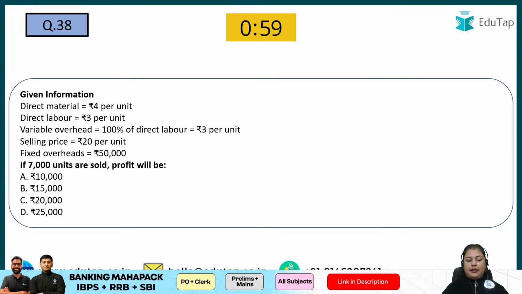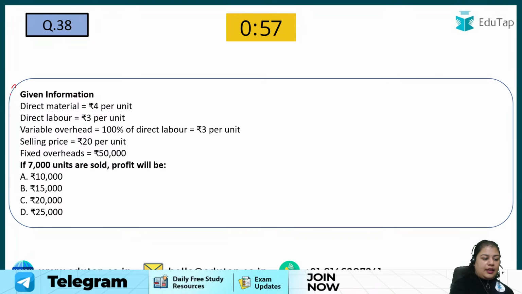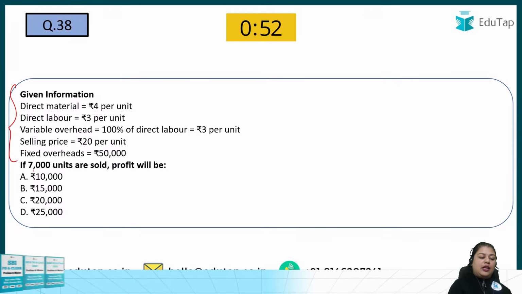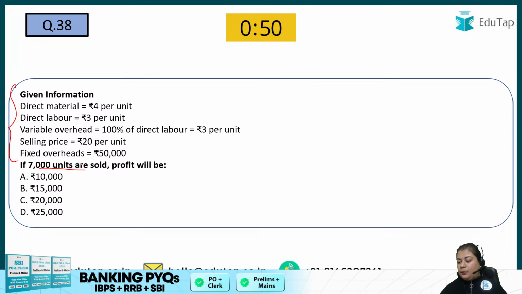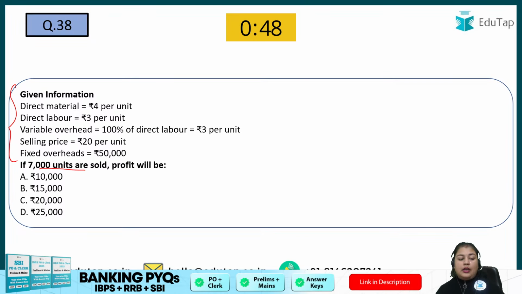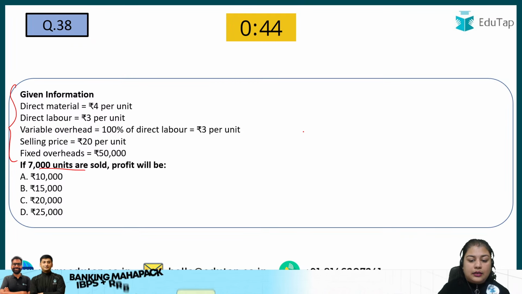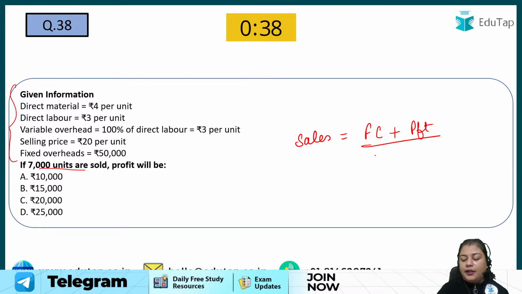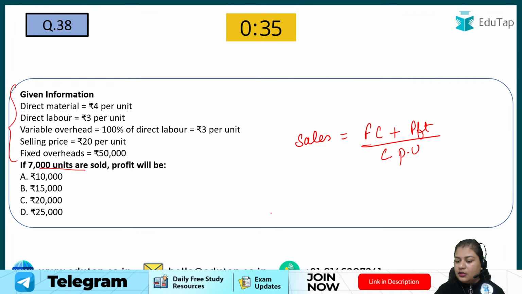Next, question number 38. The data here remains the same. Now you have to find out, if 7,000 units are sold, what will be the profit? How will you calculate? Sales is equal to fixed cost plus profit divided by contribution per unit. This is the formula.